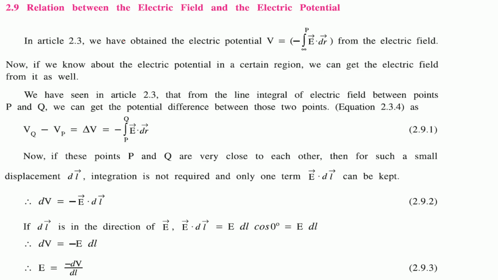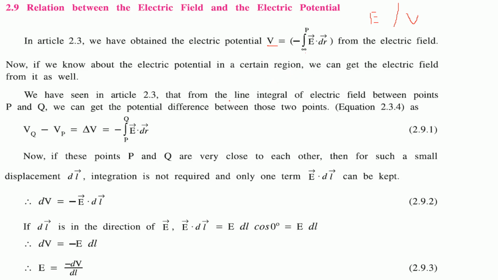Relation between electric field and electric potential. This is very important. What is the relationship between an electric field and electric potential? We have already seen that the electric potential V is given by minus infinity to P of E dot dr. If we know the electric potential in a certain region, we can get the electric field from it.